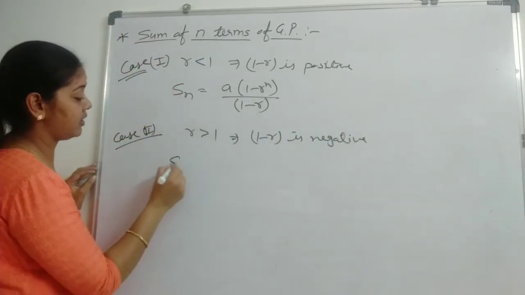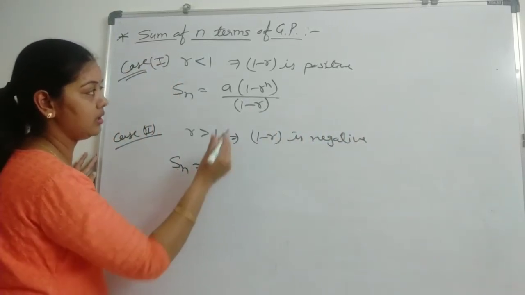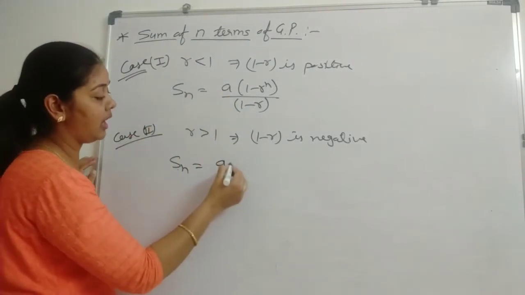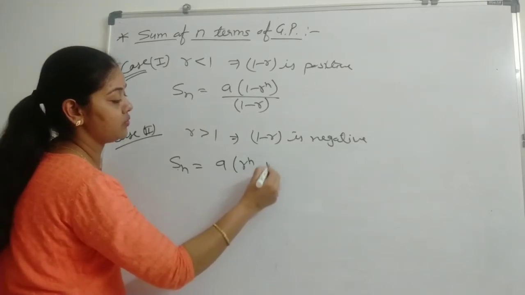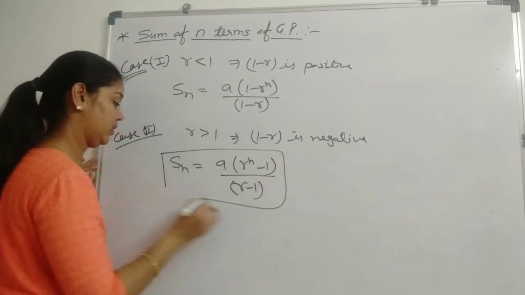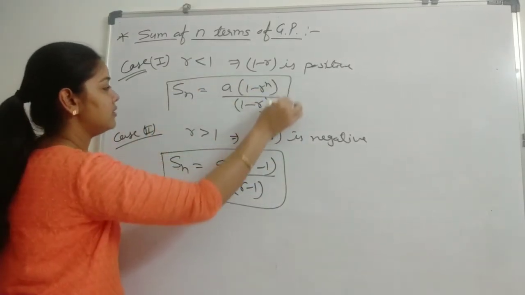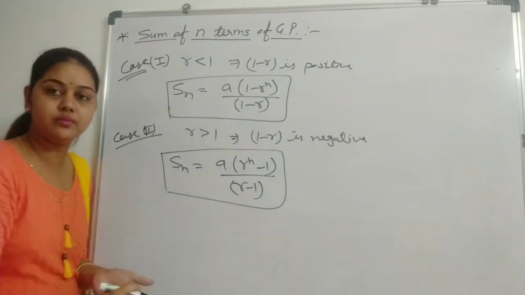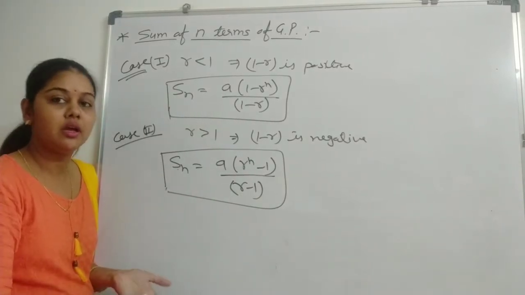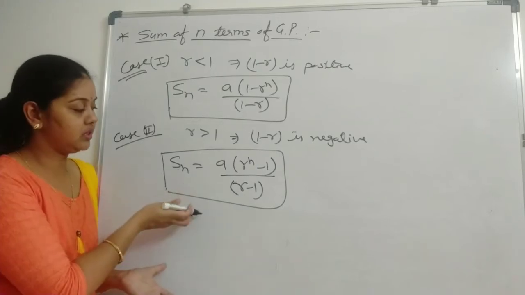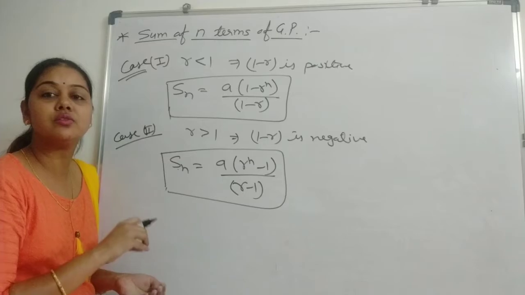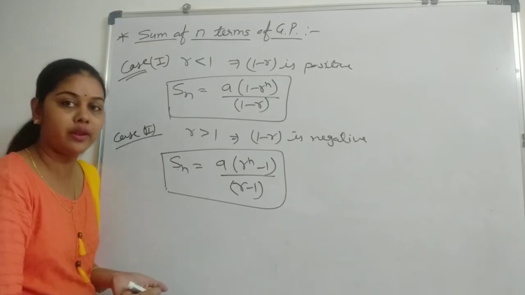In this case, taking minus common in numerator and denominator, I will get Sn equal to a (r raised to power n minus 1) upon r minus 1. This is the required result for the sum of n terms. Although in both the cases it is not affected, either you use this formula or that formula. It will not be affected when you are solving any question numerically.